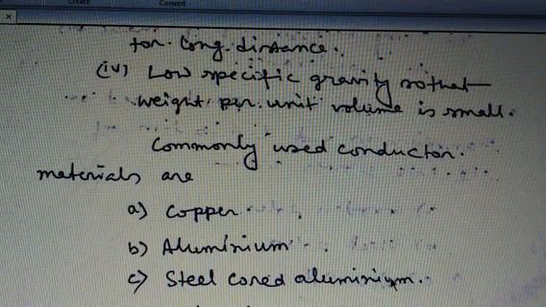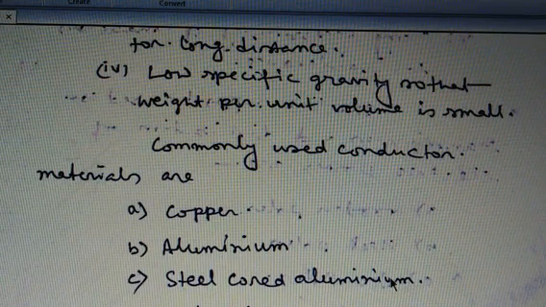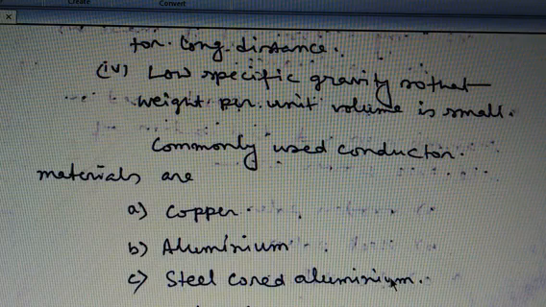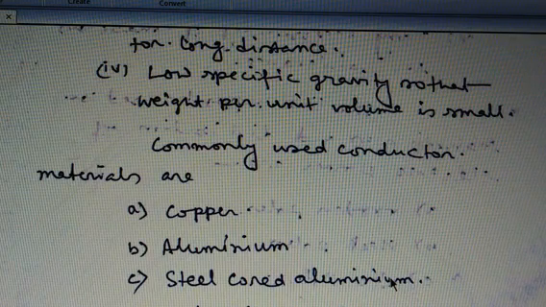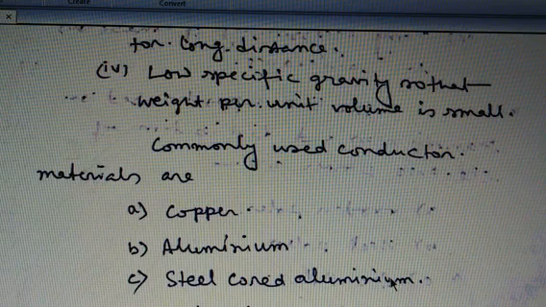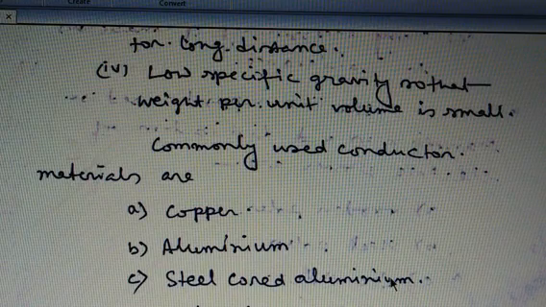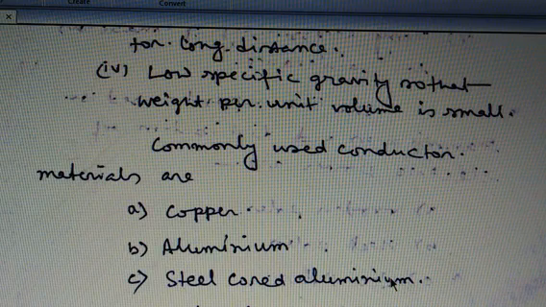The composite conductor thus obtained is known as steel cored aluminium and abbreviated as ACSR, that means aluminium conductor steel reinforced. Here, a number of aluminium conductors are placed on the outside of the structure, whereas in the center area, the galvanized steel conductor is placed.